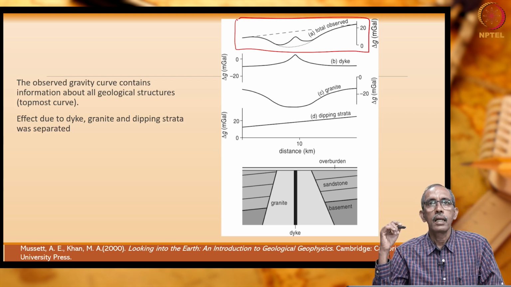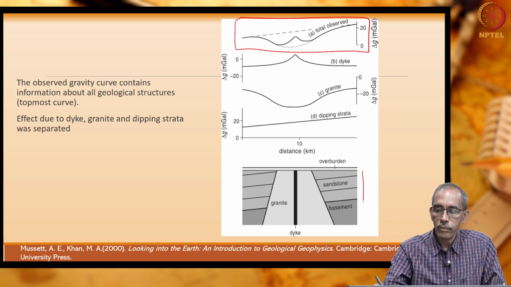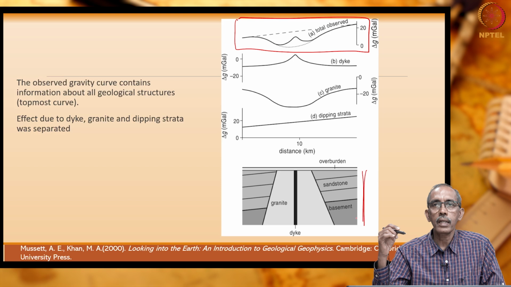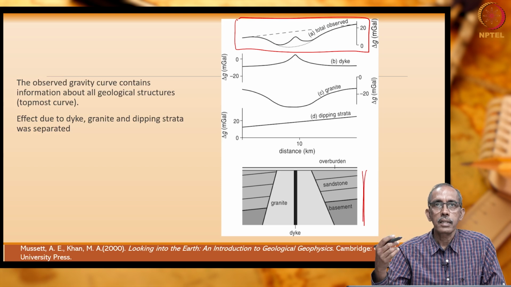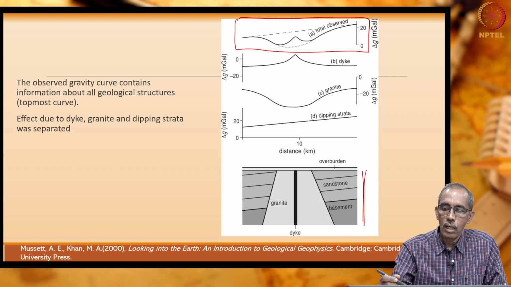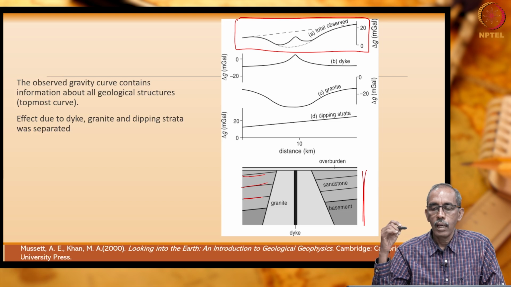So, this contains information about all the aspects of the subsurface. So, this is the typical cross section, right, a hypothetical cross section. This cross section has got several sedimentary layers as you see here, right.